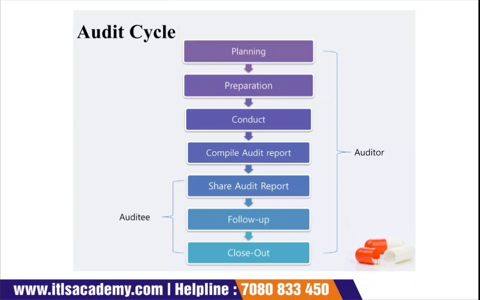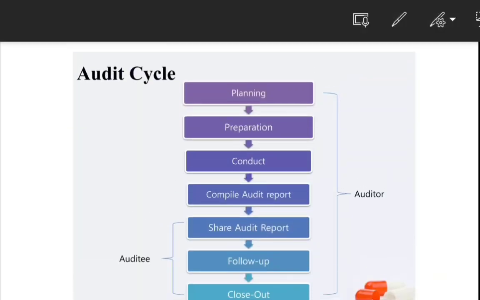Okay, if you talk about the first step, that is planning, let's say a group of people is going to audit a beverage industry, let's say an audit team is going to a Coca-Cola industry. We will understand this with the help of an example.